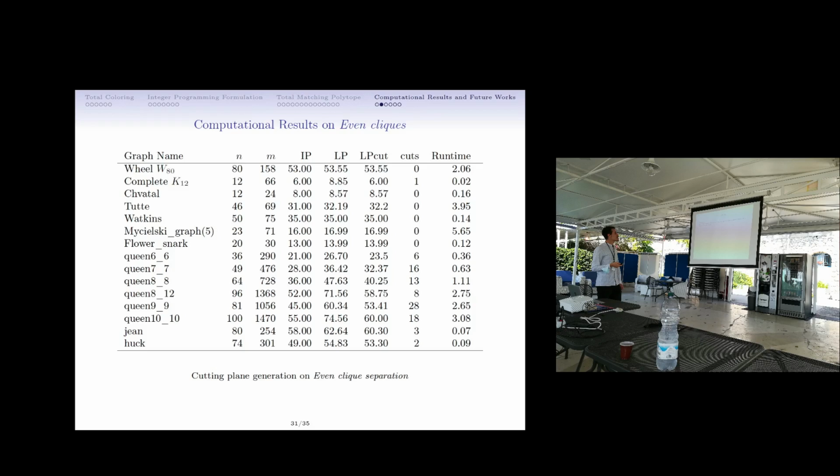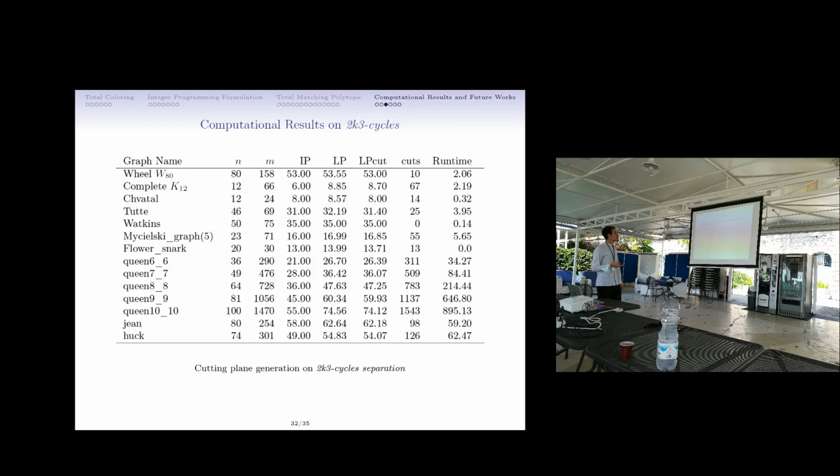We can see that as the density of the graph grows, the even clique performs very well in graphs with a small density, with a big number of vertices and a big number of edges, and the gap between the optimal value of the LP cut and the IP is much smaller in this graph here, for the Queen 6 and the gene graph.